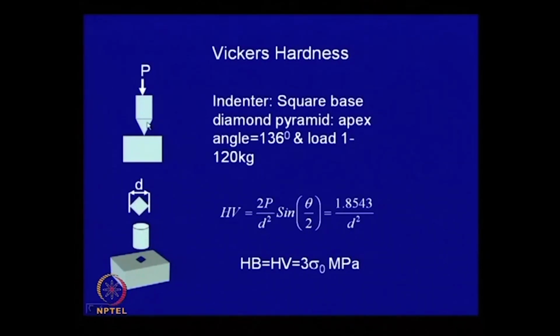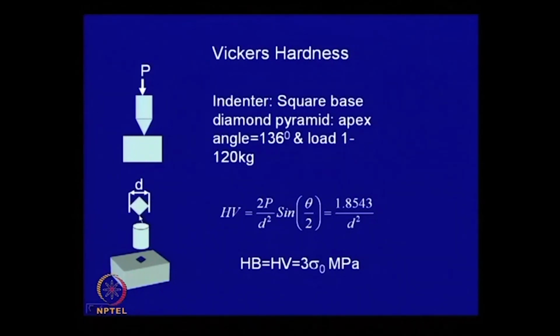So, once you place the load here, the indenter will penetrate into the material, and after that you withdraw the load and then bring the specimen under a microscope, which is shown here schematically, and sometimes these days you can project it on the screen of the microscope, and then you can measure the diagonal of the indentation mark.